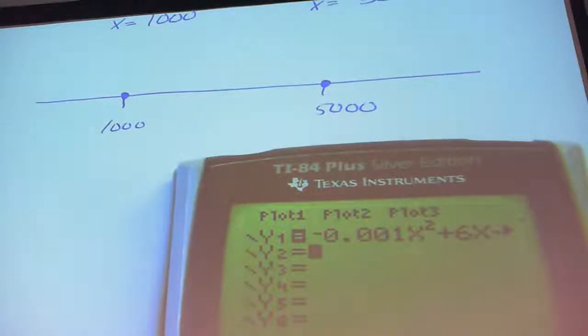Again, any number you want, as long as it's in there. About 1 more minute.